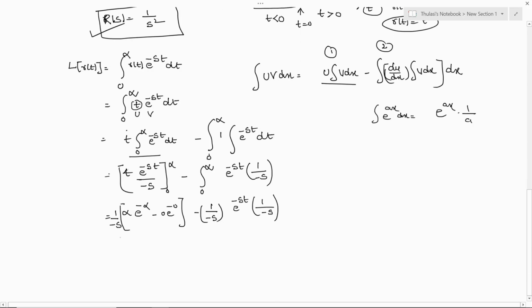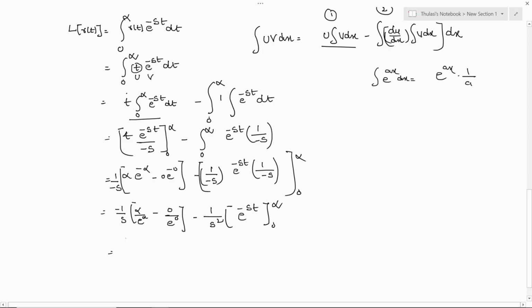So the overall term we are going to get is minus 1 by s, into infinity times e to the power infinity minus 0 divided by e to the power 0, minus, this minus into this minus gives plus 1 by s square into e to the power minus st, and the limits here are varying from 0 to infinity.